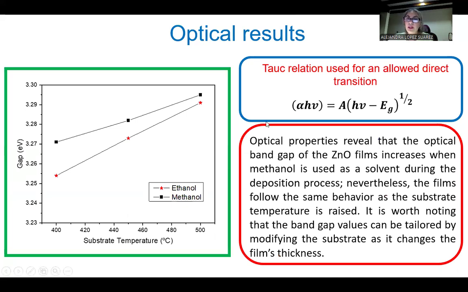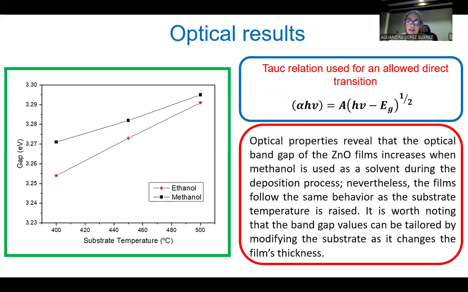We use the Tauc relation for a direct transition using this equation. And we have the energy band gap for the methanol and the ethanol samples. The optical properties reveal that the optical band gap of these zinc oxide thin films increases first with temperature and then is higher with methanol than with ethanol.